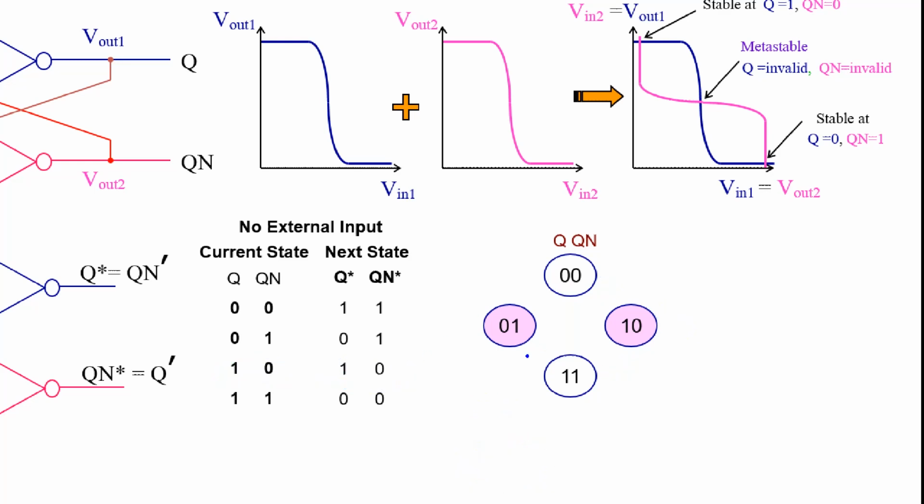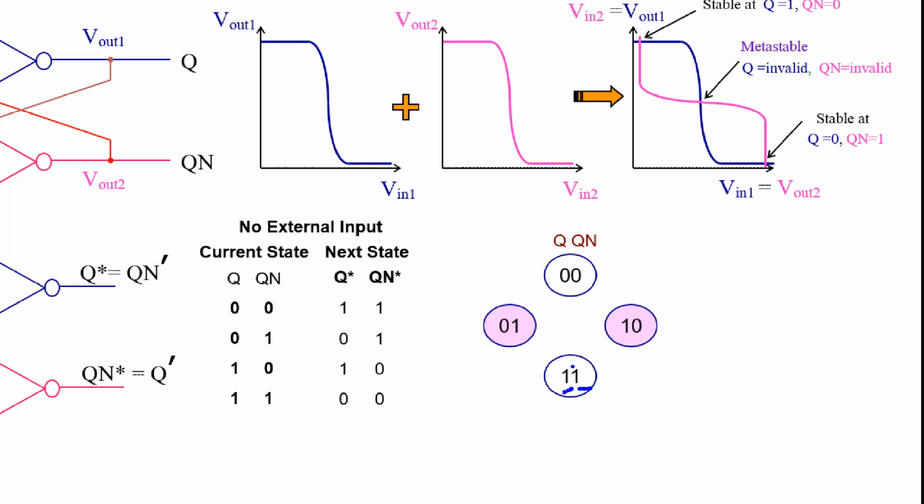And what happens if this bit changes faster, to 1, before this bit? That means this bit is still logic 0. So it goes to 0, 1, right? If it changes to 0, 1, it's stable at 0, 1. It does not go to the 1, 1 state. And 1, 1 changing to 0, 0 works the same way.